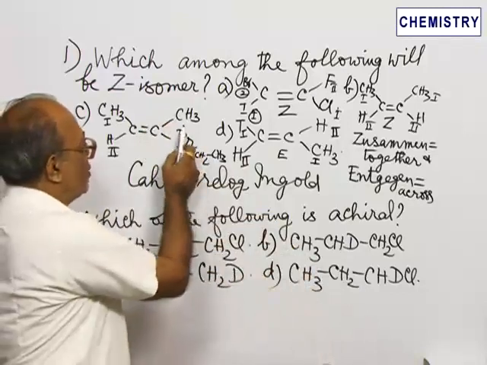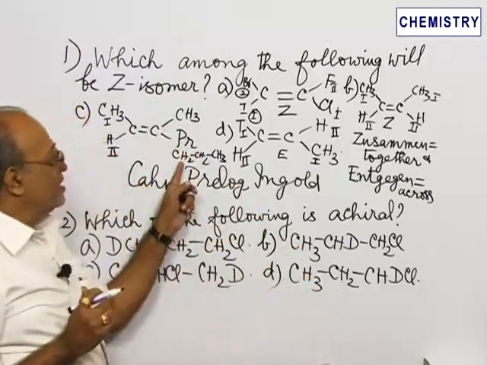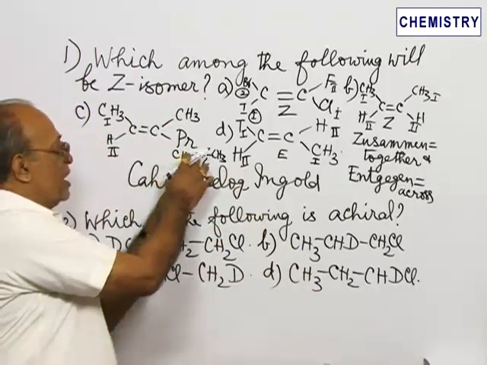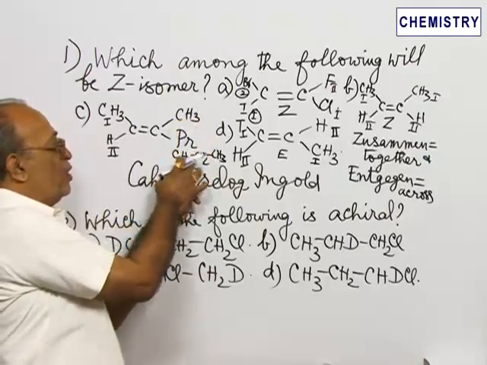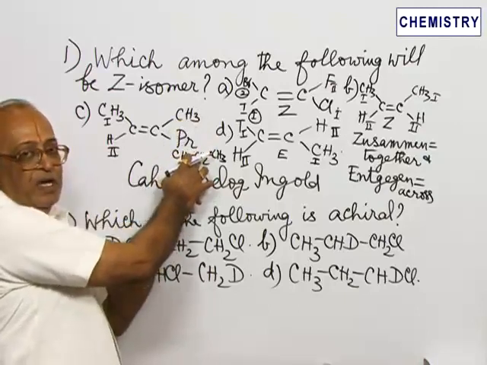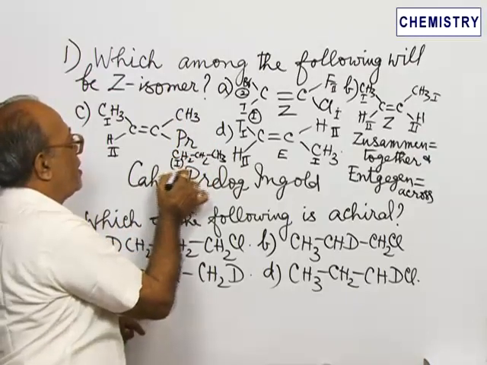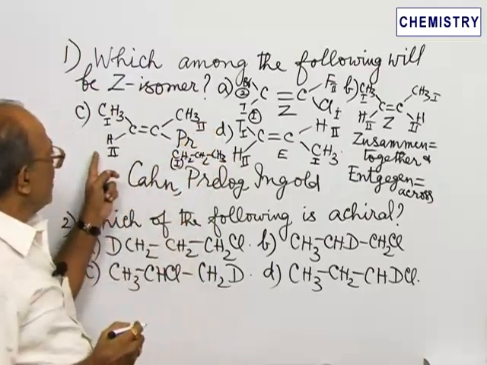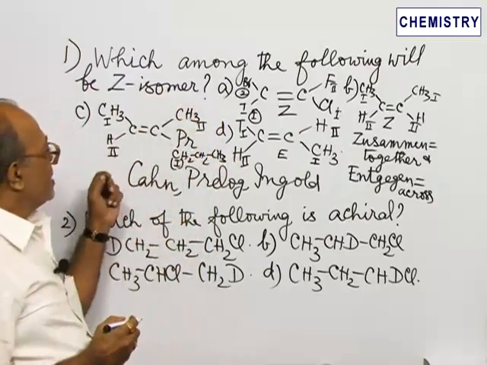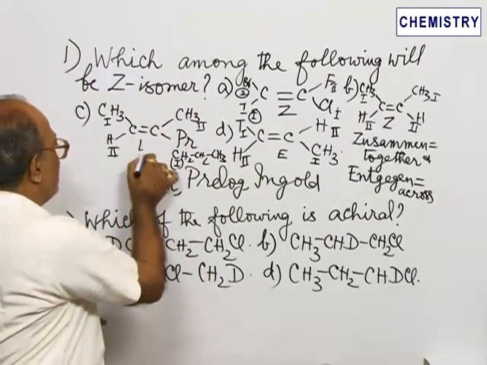Now here you can notice carbon is attached to 3 hydrogens, but here 2 hydrogen and 1 carbon. And so this will have more priority than this. So C, you can notice similar priority substituents across. So this will be E.